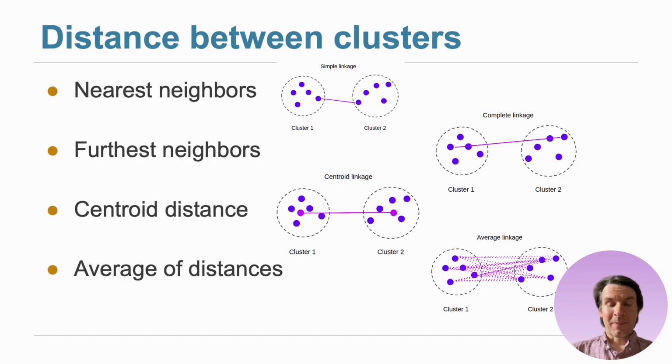Or you look at every pair of data points from each cluster and take the average distance of these. Each of them may be good for different applications, and each of them may give you slightly different clustering.